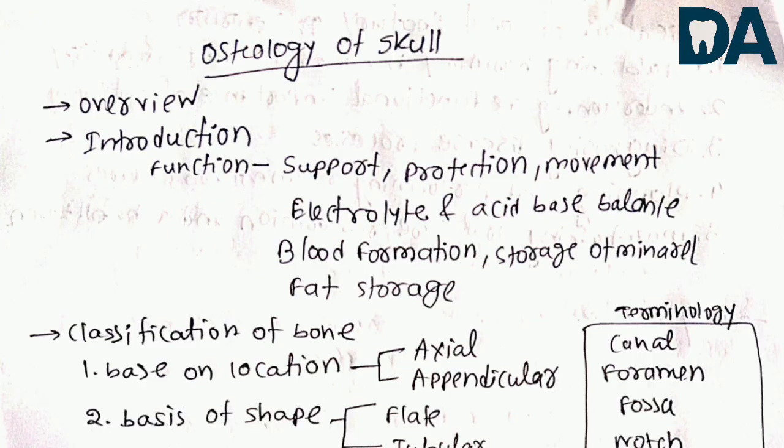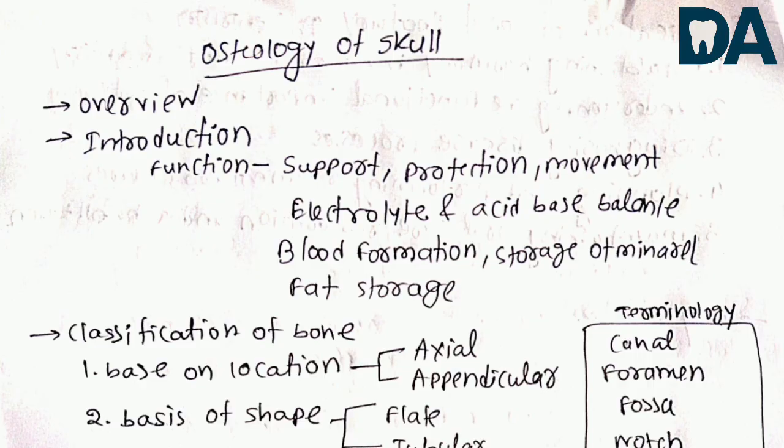There are two groups of bone: one is the facial and the other is the cranial. Cranial consists of ethmoid, frontal, occipital, parietal, sphenoid, temporal, and facial bones consist of inferior nasal concha, lacrimal bone, mandible, maxilla, nasal bone, palatine bone, vomer and zygomatic bones.